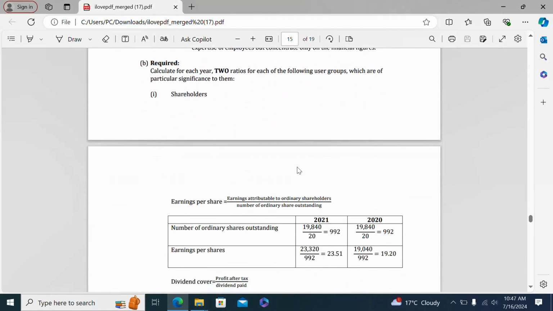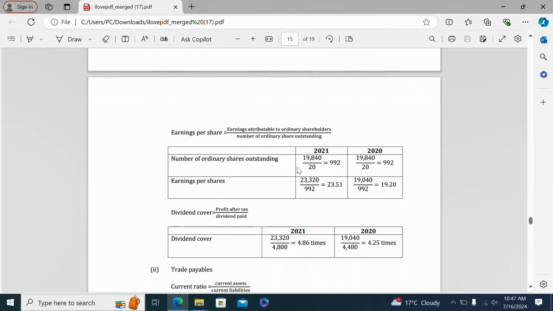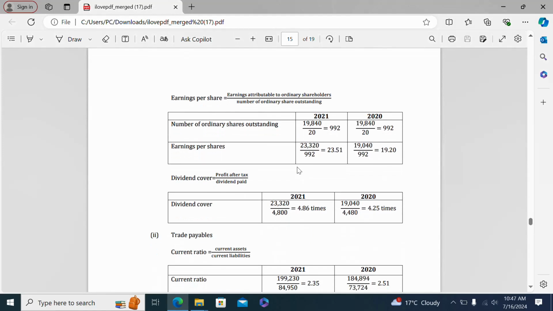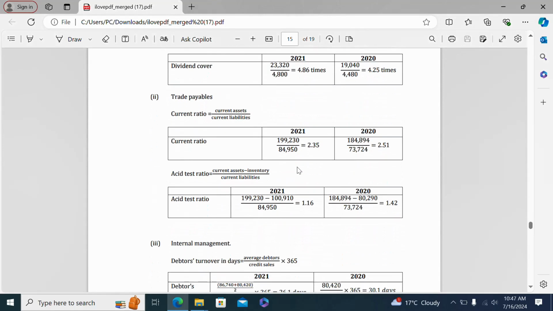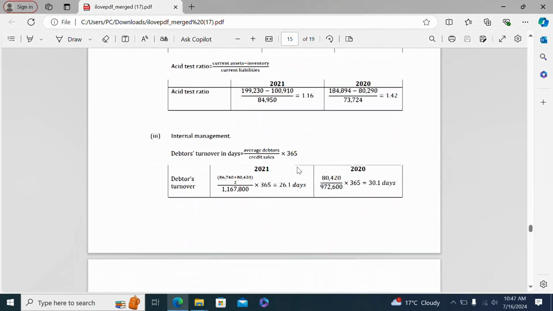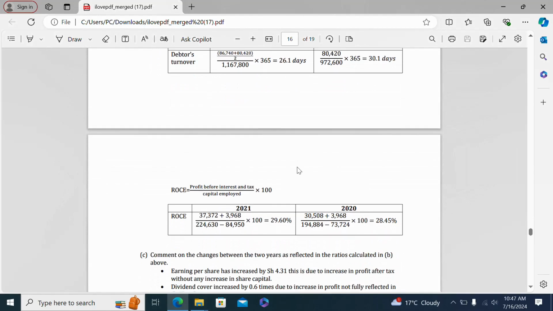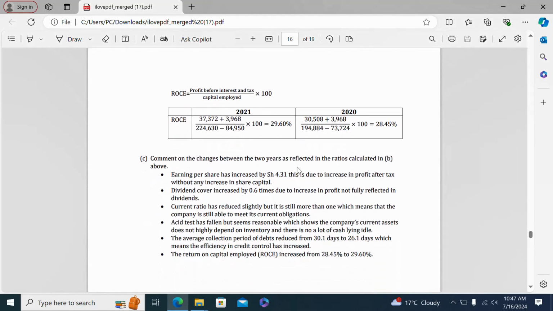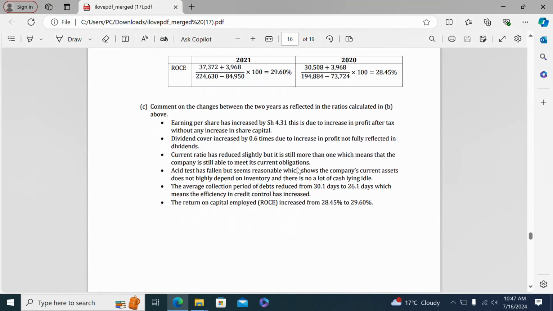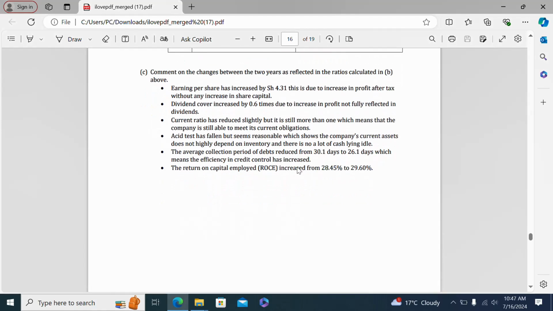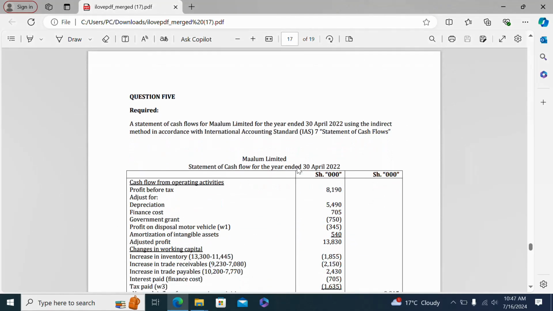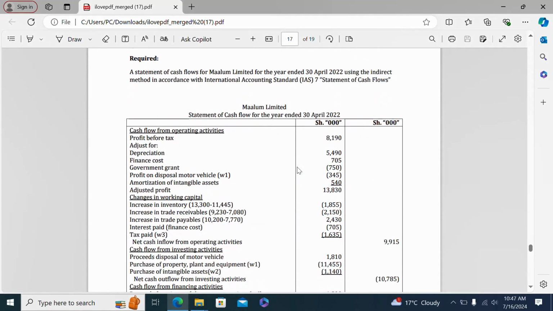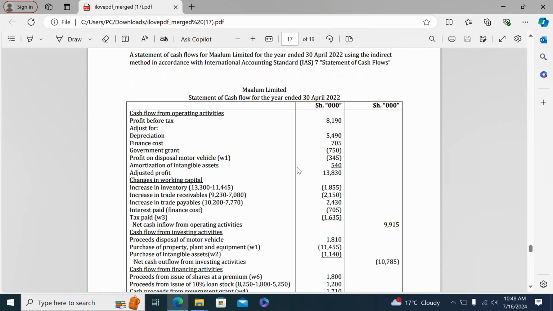Then part B, part C, comment on the changes. And finally, we have question 5, the statement of cash flows of Malum Limited.